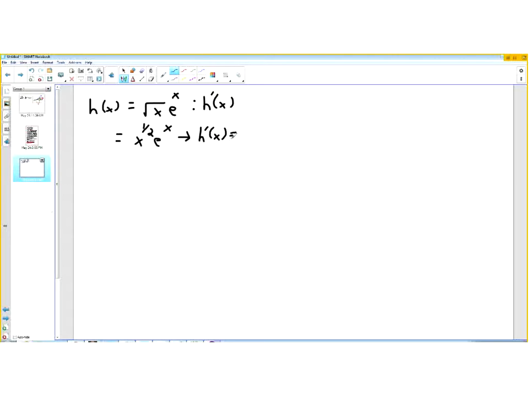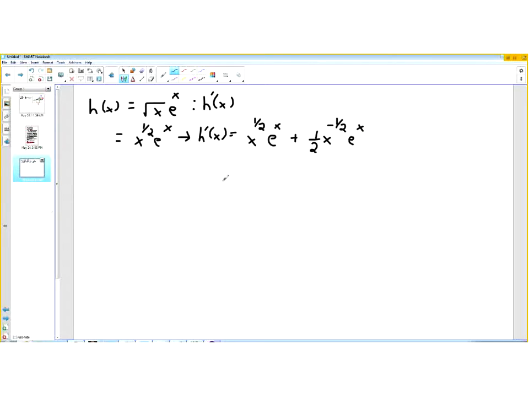That would be the first function, which is x to the 1/2, times the derivative of the second function, which from Lecture 3, Part 1, the derivative of e to the x is e to the x, plus the derivative of the first function, which is 1/2 x to the negative 1/2, times the second function.